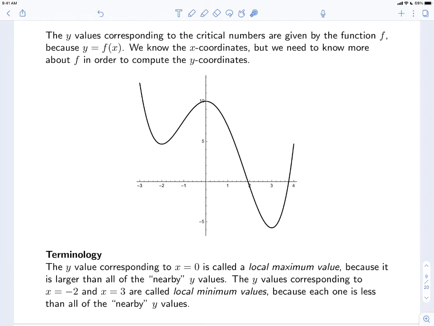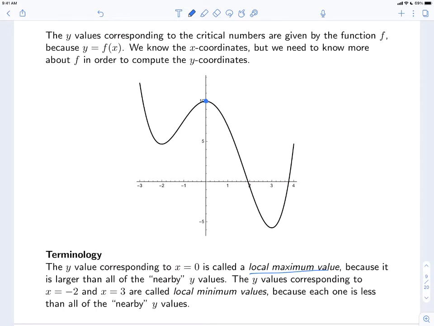Let's just comment on some terminology here. The y-value corresponding to x equals 0 is called the local maximum value. So we're looking at this point right here, where x is equal to 0. Now the y-value there is called a local maximum value, and it's called that because it's larger than all of the nearby values.